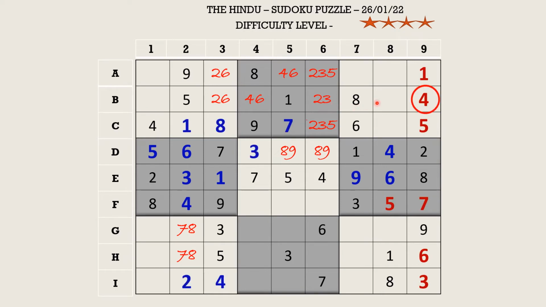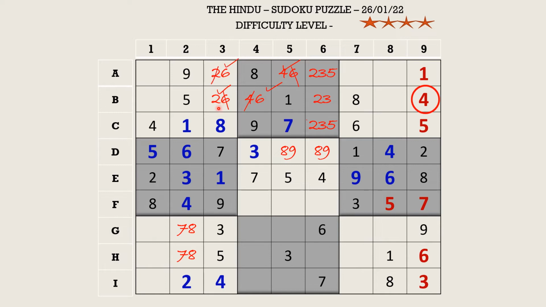Now this 4 cancels out the 4 in B4 and B4 takes 6 and A5 takes 4. Now this 6 cancels out the 6 in B3, that is B3 takes 2 and A3 takes 6.